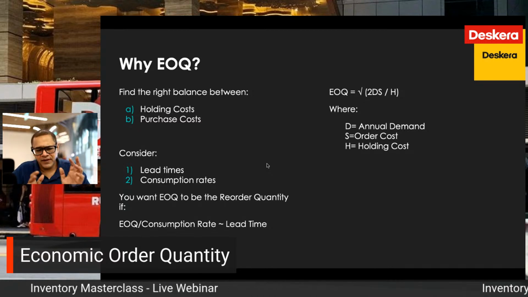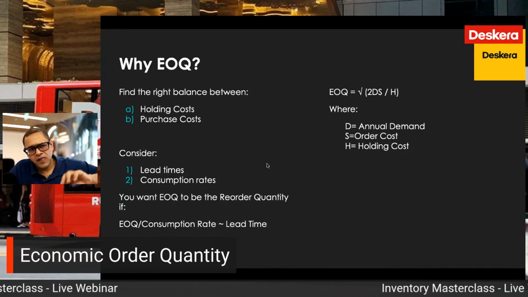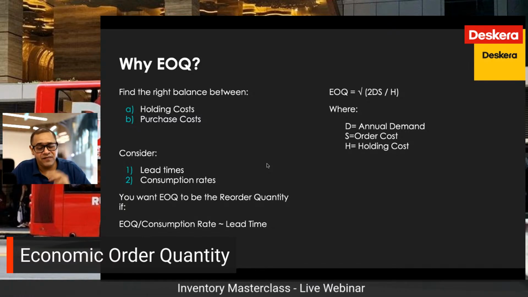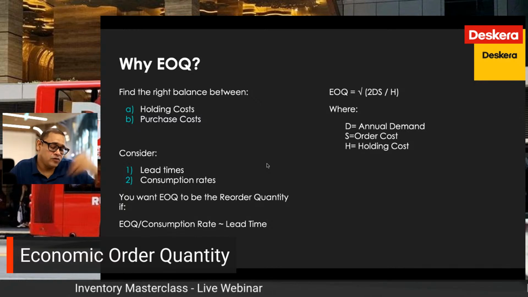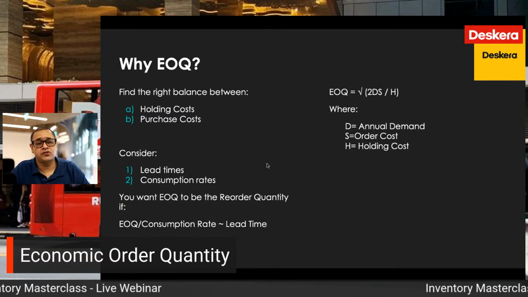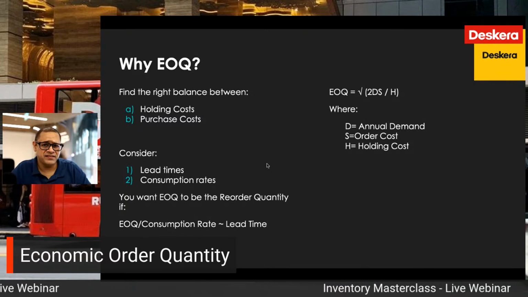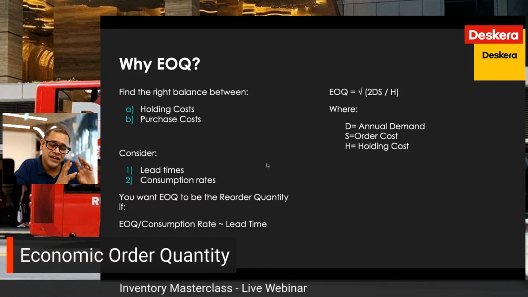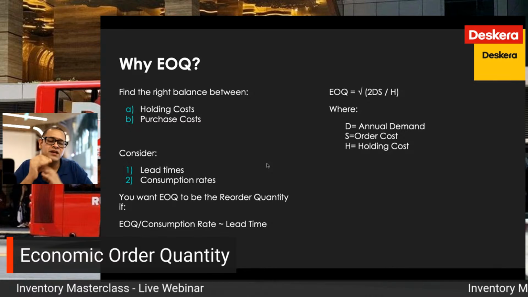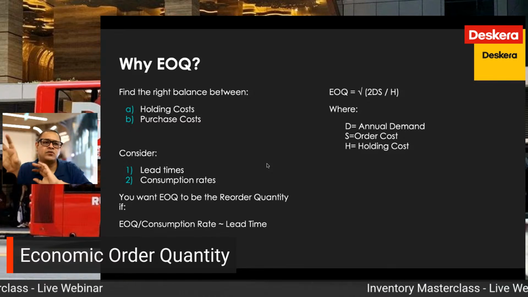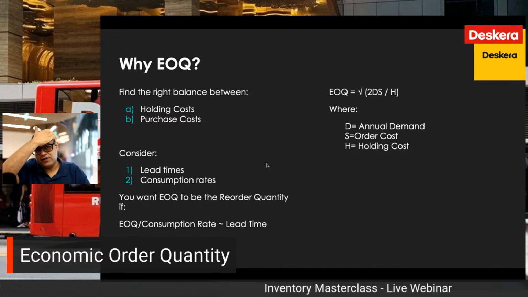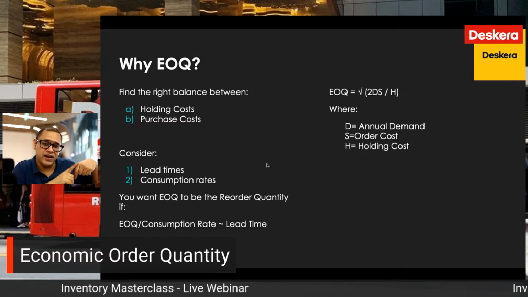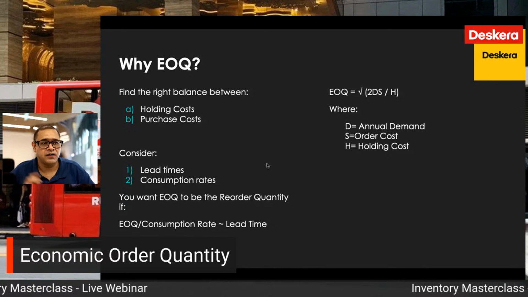So as long as you stick to EOQ, just make sure that it is not lesser than your reorder quantity, because then you will start facing stock shortages real soon. But if it is greater than or equal to your reorder quantity, then you should always use the EOQ as your reorder quantity instead of doing a direct consumption into lead time calculation, because then you will be minimizing your cost as well as ensuring that you never fall short of stock.